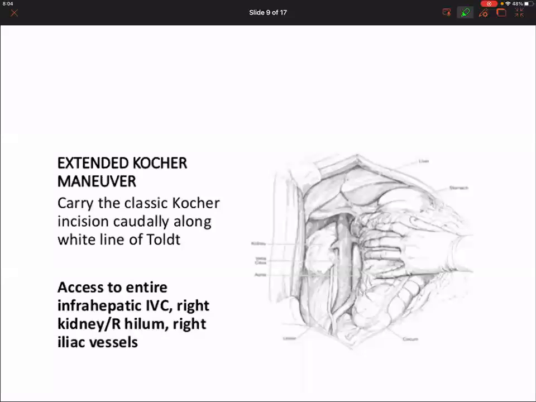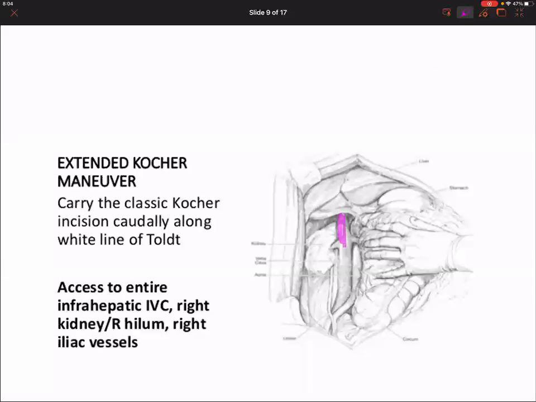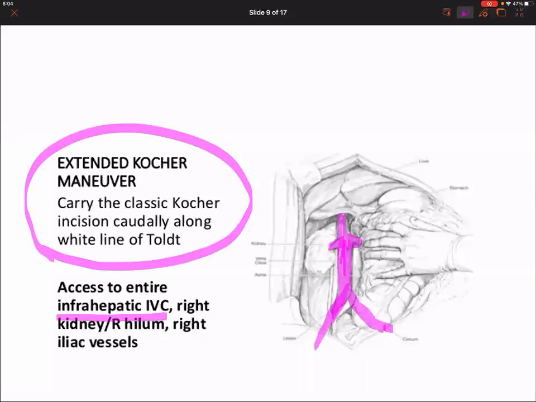This is another maneuver. They have removed all things on the right side to expose a beautiful structure. What is this structure that has been exposed? IVC. Very good. So what is this maneuver called? It is called the extended Kocher maneuver. It comes in your MCQ exams.